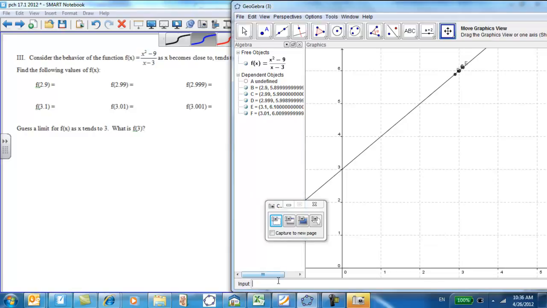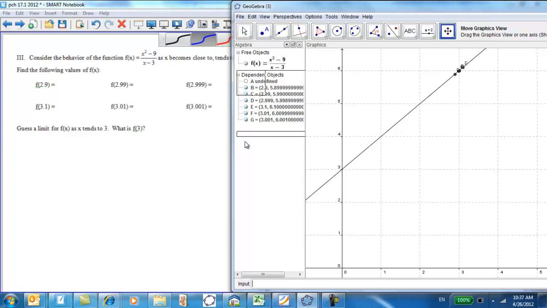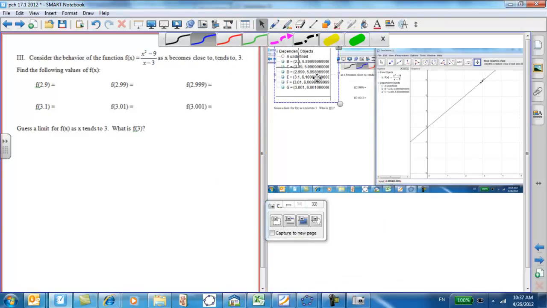The numbers are getting smaller. Now let's look at (3.001, f(3.001)). There. So the numbers kept getting smaller and getting closer and closer to 6, and they approach 6 from above over here. So let's take a picture of that. Boom. Okay. Put them over here now.